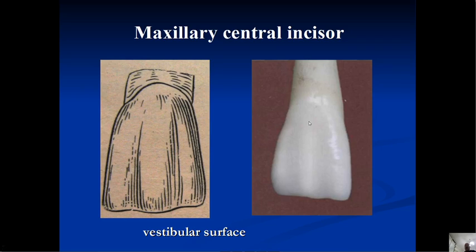In the back teeth, in the molars or premolars, we can say that it's not only vestibular. We can also say that this is a buccal surface, and the other will be palatal surface, for example, for the teeth on the upper jaw, and the lingual surface for the teeth on the lower jaw.